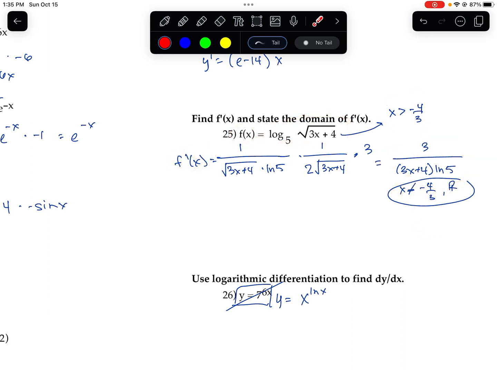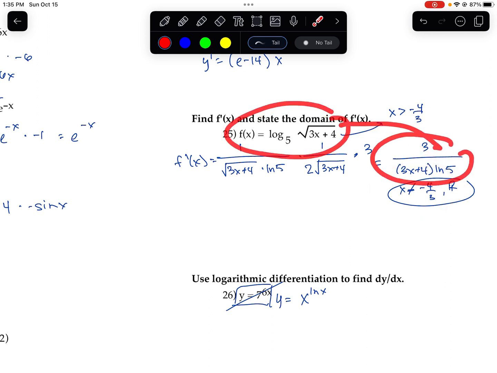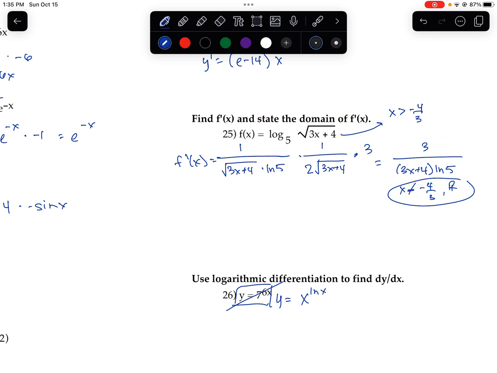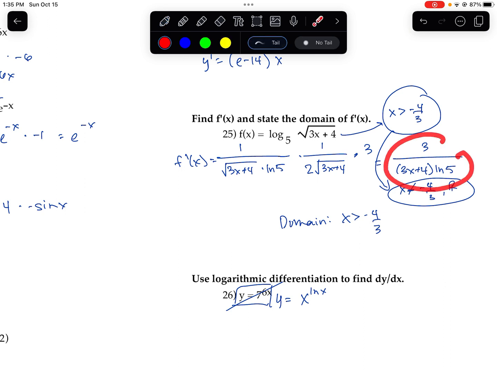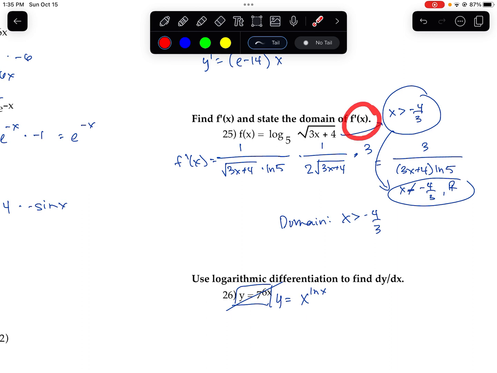So how can I calculate the slope of this function using its derivative if the function doesn't even exist? Because of the domain of the function and the domain of the derivative, we'll just say that the domain is x greater than -4/3, meaning that even though our derivative is defined for values less than -4/3, our function is not, so it doesn't make sense to include that as part of the domain of the derivative.